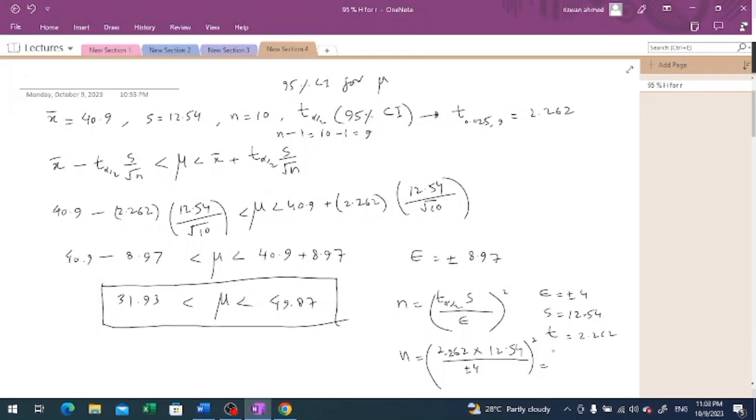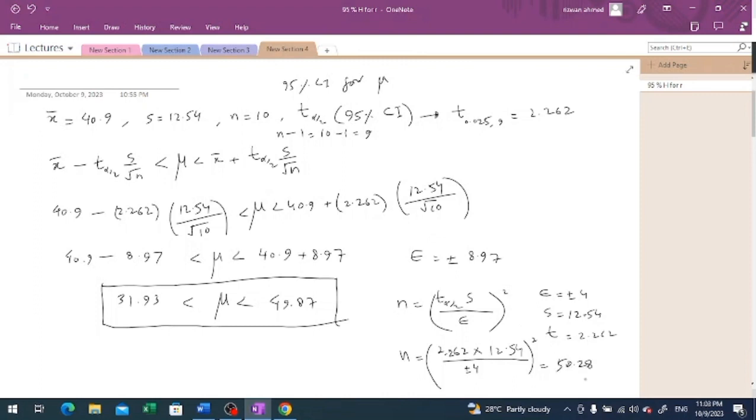It is only the positive value we will get. So 2.262 times 12.54 divided by 4, squared, gives us 50.28 as the sample size.